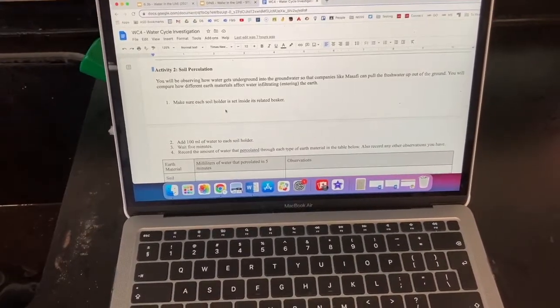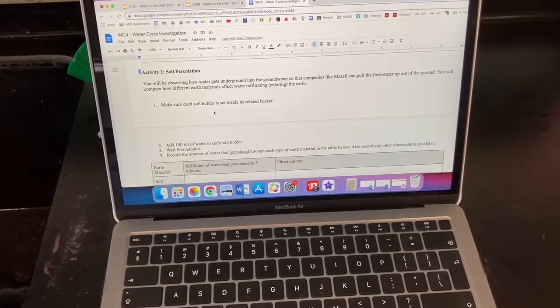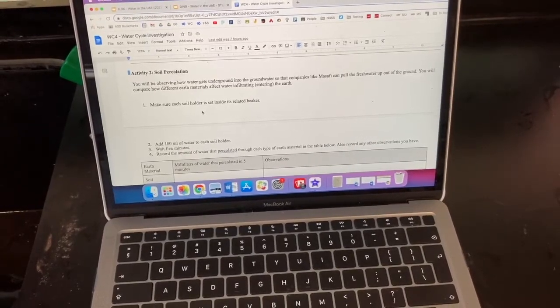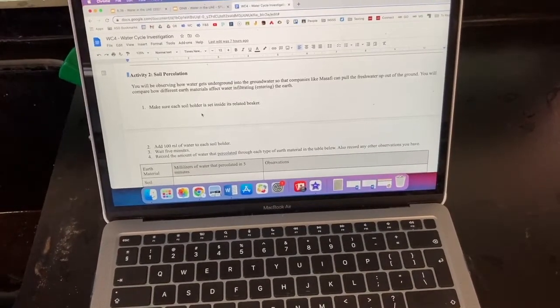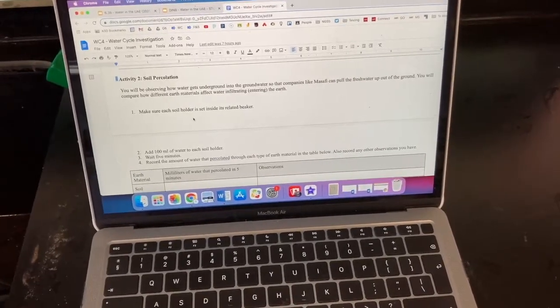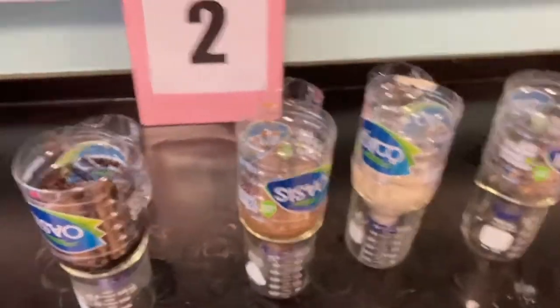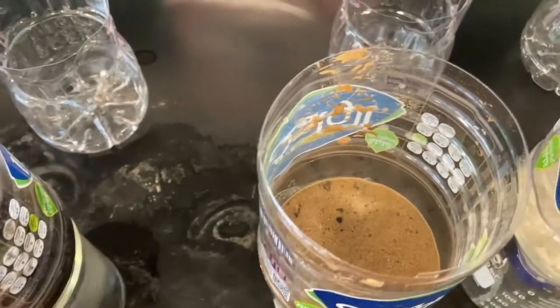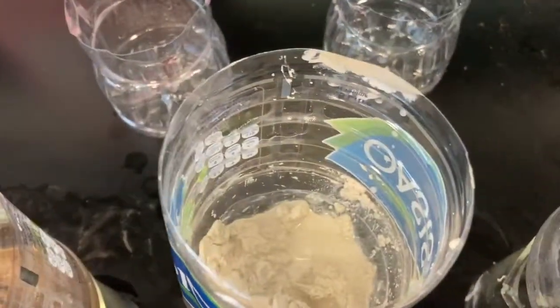All right, now we are at station number 2 about soil percolation. You're going to be observing how water gets underground into the groundwater so that companies like Masafi can pull the fresh water up out of the ground. You're going to compare how different earth materials affect water infiltrating, or entering, or percolating into the earth. We've got 4 different types of sediments here: soil, sand, clay, and rocks.